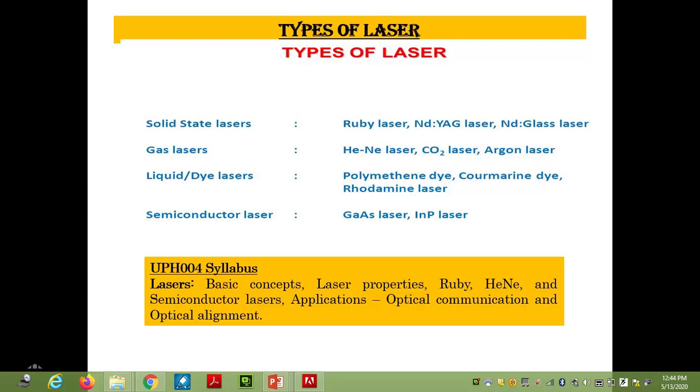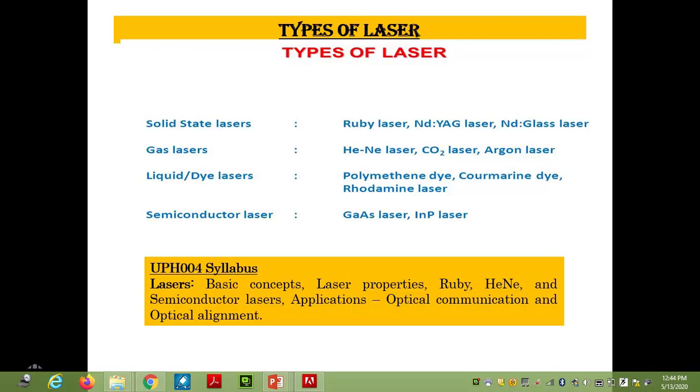Another important property is the directionality. Because of high directionality, the divergence of the beam is very less and it can be sent from one point to another point without much loss in the laser light.